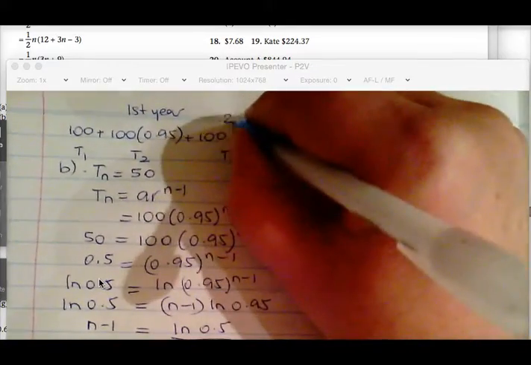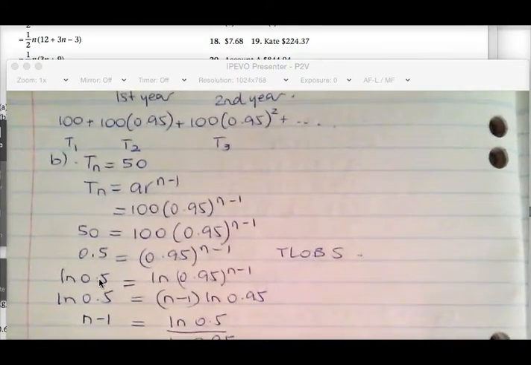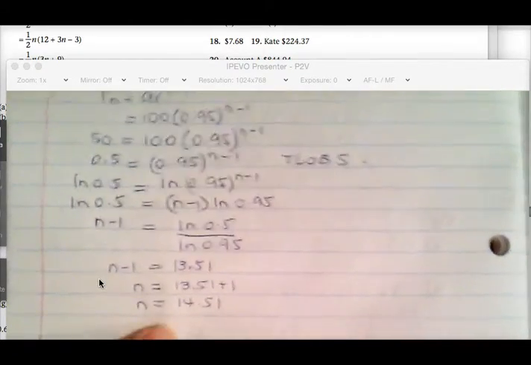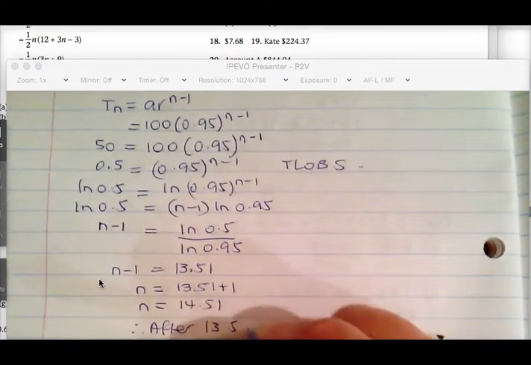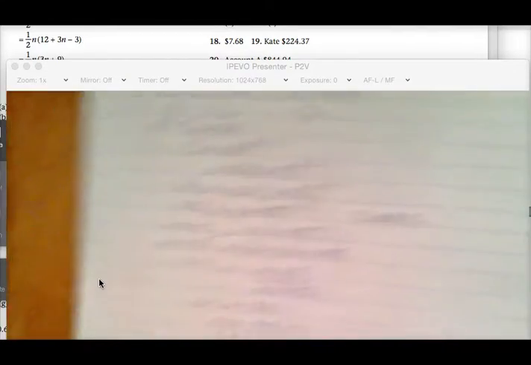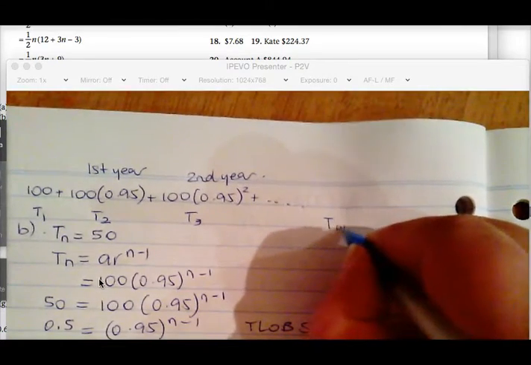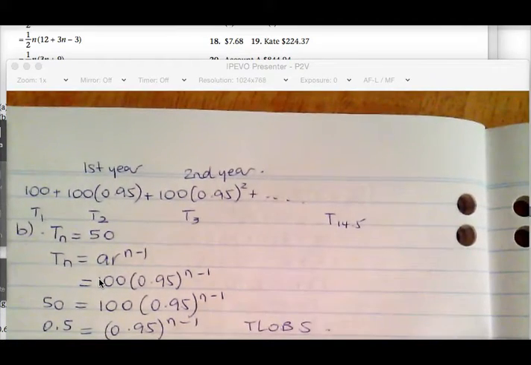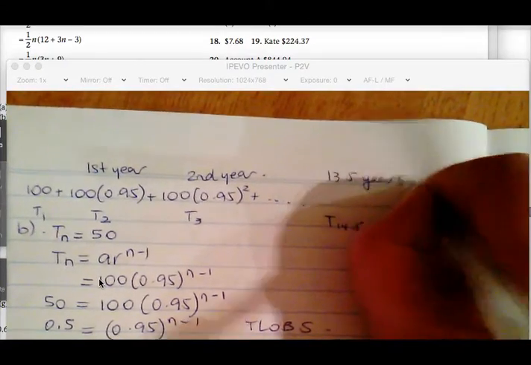Term 3 is after the second year. So if we want 14.5, it is after 13.5 years, because when we get 14.5 as our answer, that's after 13.5 years. Okay, so just be really careful with those, okay?